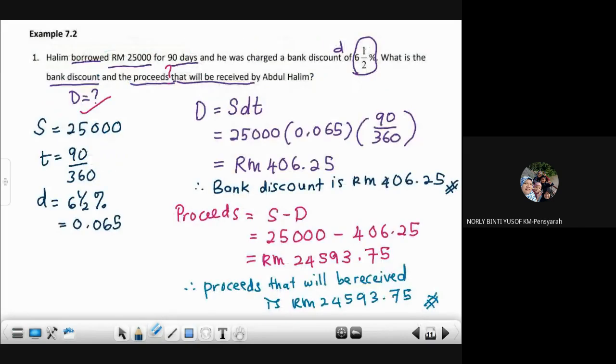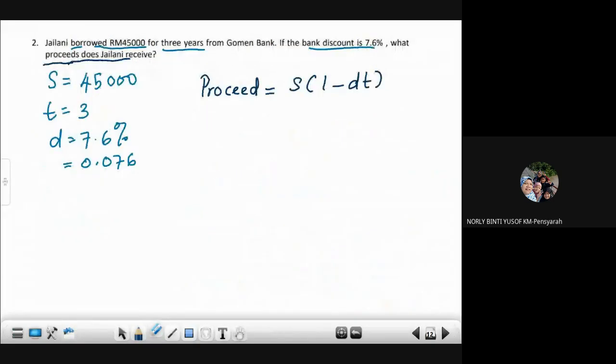Kalau yang tadi nak guna S in bracket 1 minus DT boleh. S minus D pun boleh. Sebab soalan dah kira simple discount kan. Yang ni soalan tak kira. So terus ambil formula tu dan masukkanlah 45,000 1 tolak 0.076 kali 3. Dan you akan dapat 34740.